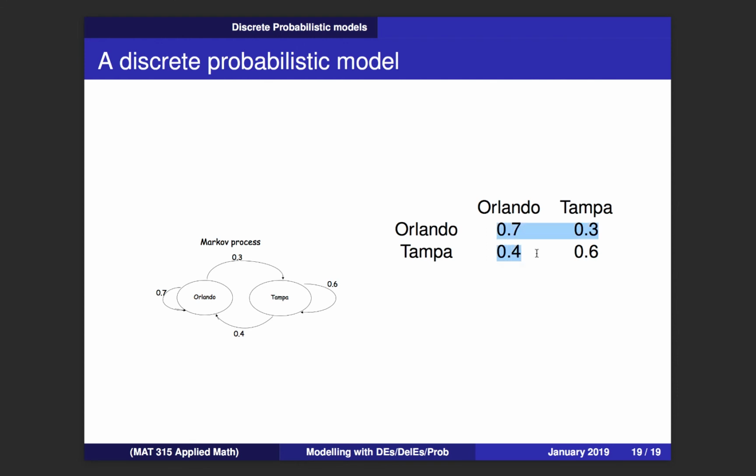If you've had Math 220 or any linear algebra, you might recognize this as a matrix formulation, and there are matrix methods for doing these things. We might be interested in the population in 5 or 10 years, given initial populations for each of these two cities. Is there an equilibrium where eventually, over time, the populations settle out?